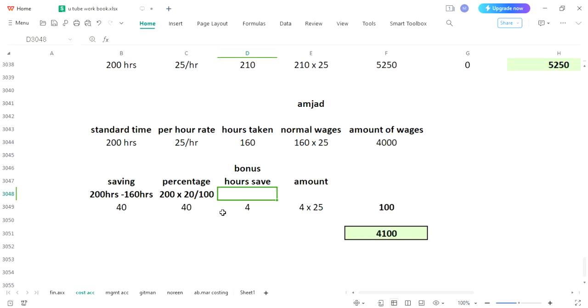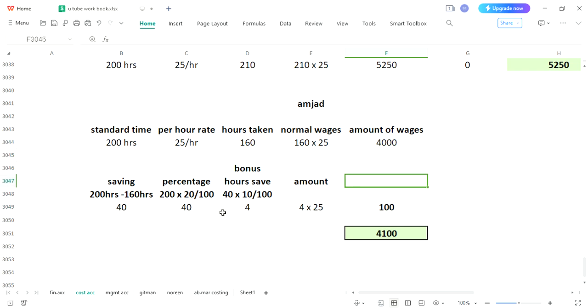This is your percentage. Hours save were 40 and he was saying to calculate 10%. In this way you have got your 4 hours save. Amount would be paid in this way, per hour would be multiplied, you have got your bonus. So Amjad has also been completed.